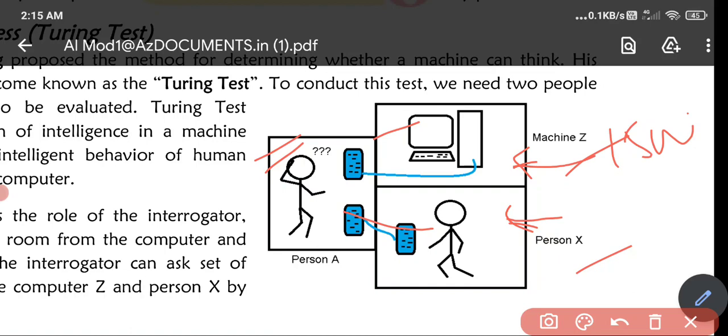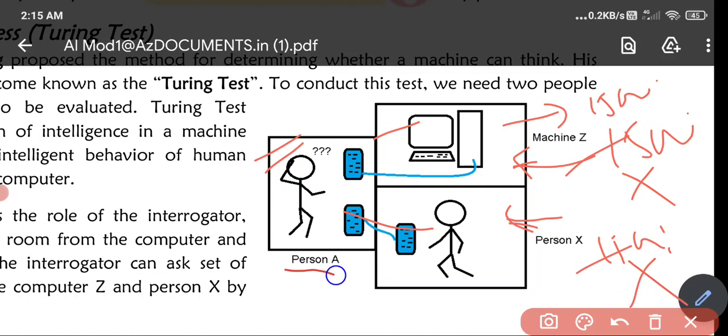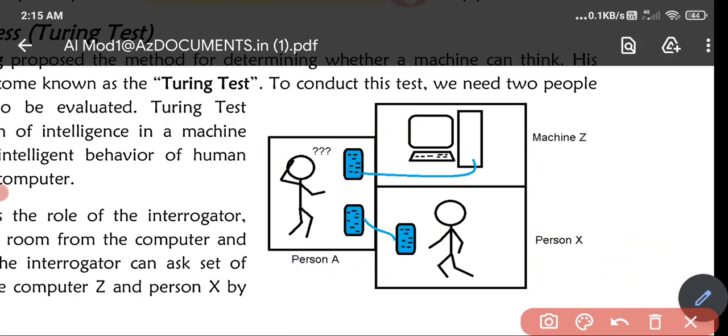Now if the machine takes 15 minutes and gives a wrong answer, and the human with a wrong calculation also gives a wrong answer, this person A will definitely be confused in identifying which is the machine and which is the human being, because they both possess the same characteristics. So this person will be confused about which is the machine. So now the machine has passed the Turing test. This is all about the Turing test.